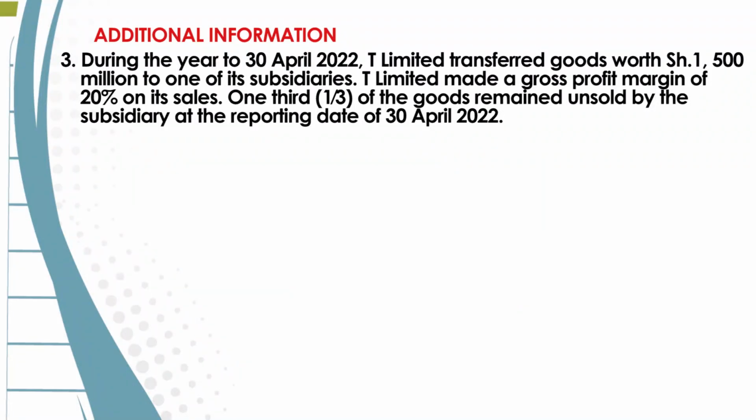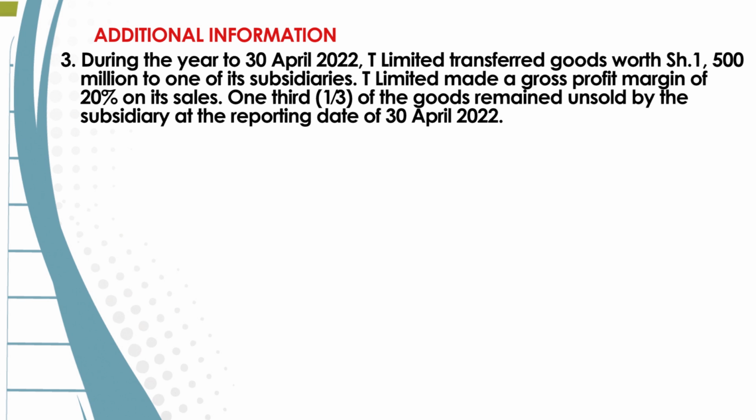Where we are given some information. We are told during the year which ended 30th of April 2022, T Limited transferred some goods worth 1,500 million to one of its subsidiaries, and T Limited made a gross profit margin of 20% on its sales.